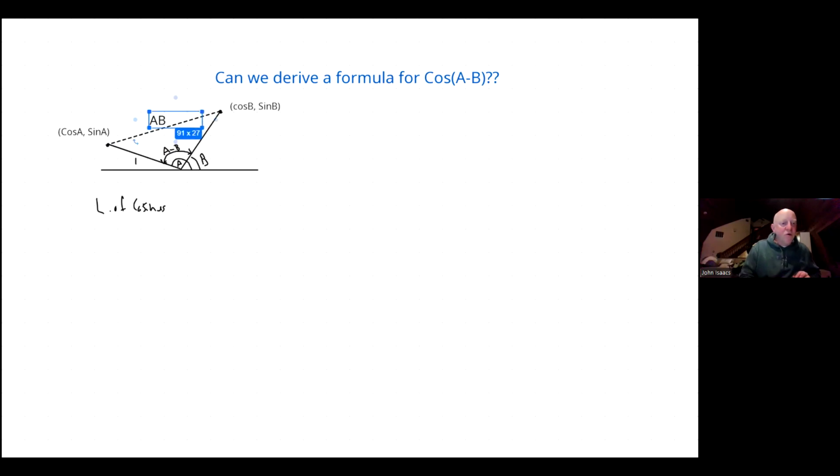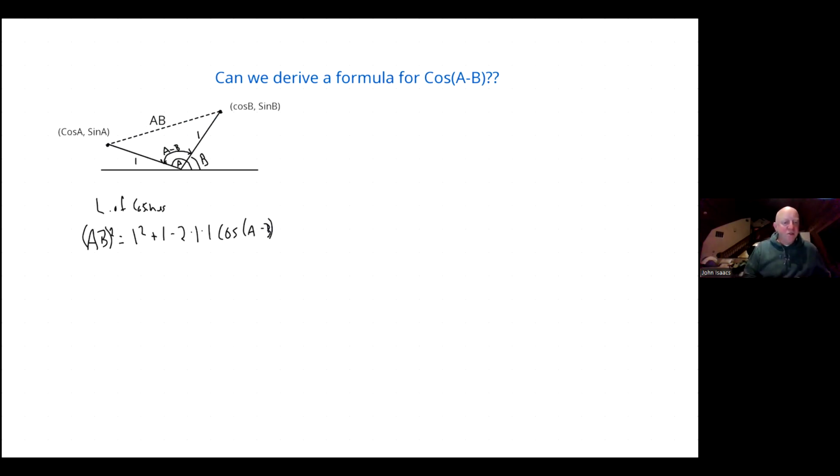So using law of cosines, we would say that AB squared, meaning the side length AB quantity squared, would equal the other two sides, 1 squared plus 1 squared, minus 2 times 1 times the cosine of A minus B. That's using law of cosines, which you learned in a prior chapter.